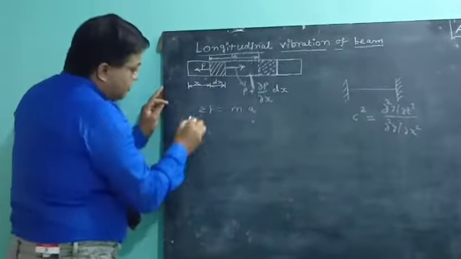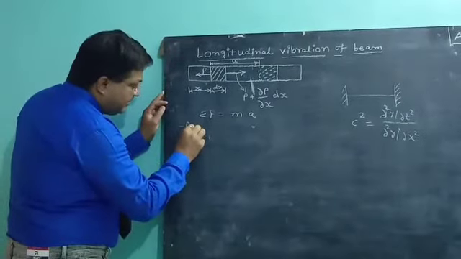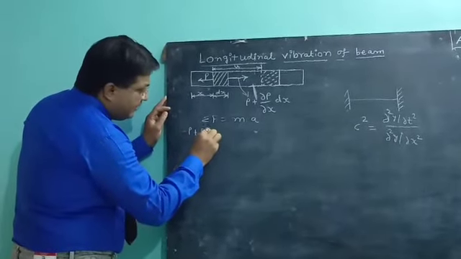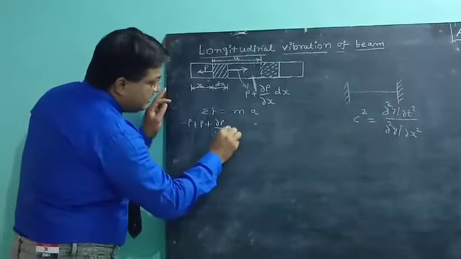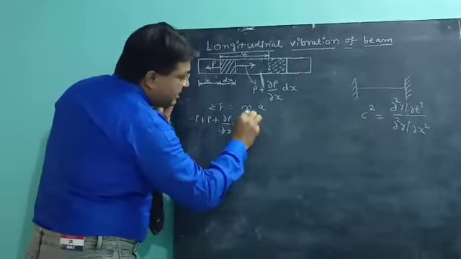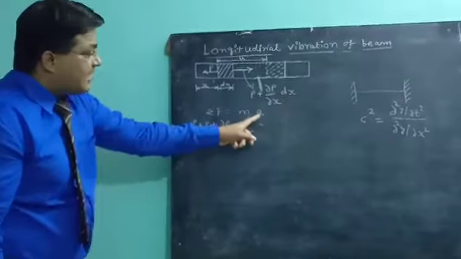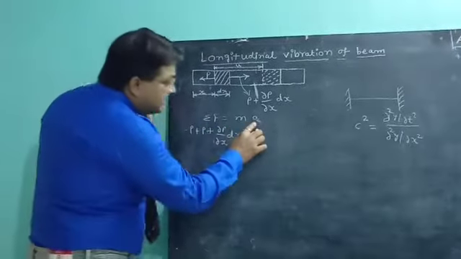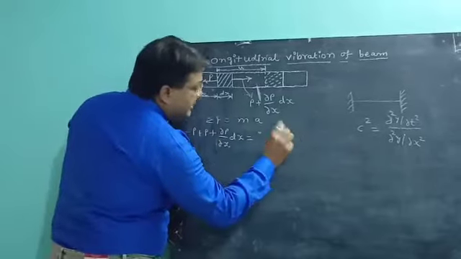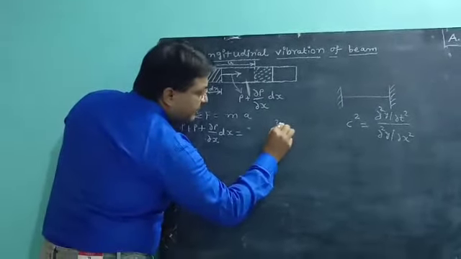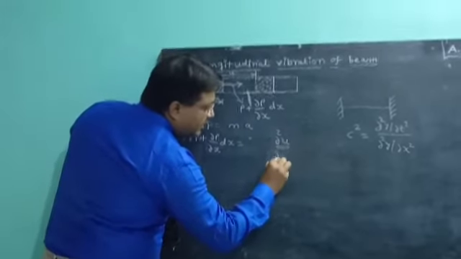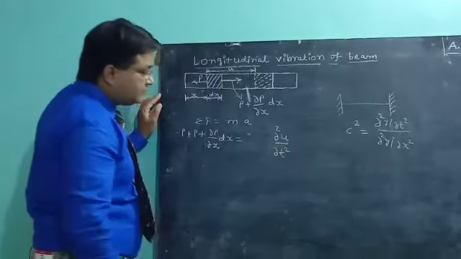So minus P plus del P by del x dx is equal to mass into acceleration. Acceleration is, displacement is u, so del square u upon del t square.